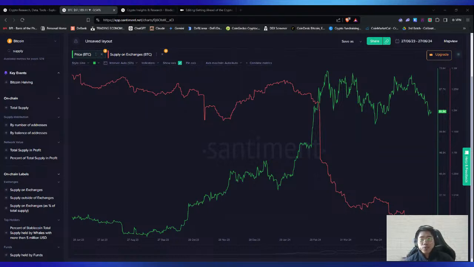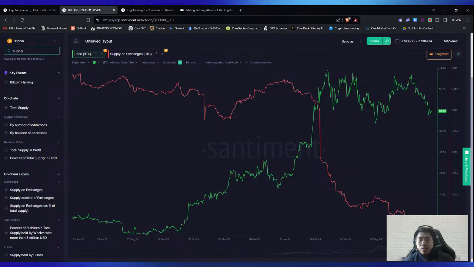Using this metric is pretty straightforward, as a decreasing supply of an asset indicates that the asset is either being circulated or being held by the market participants. So for this case, we can see that the supply on exchanges has been on a long-term downtrend, showing continuous demand for taking BTC off the exchange and holding it in personal wallets, either by an entity or by an individual.